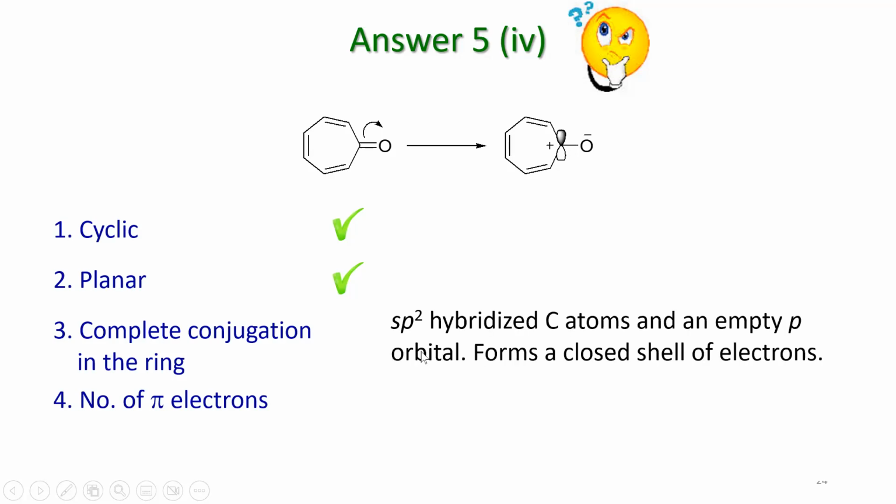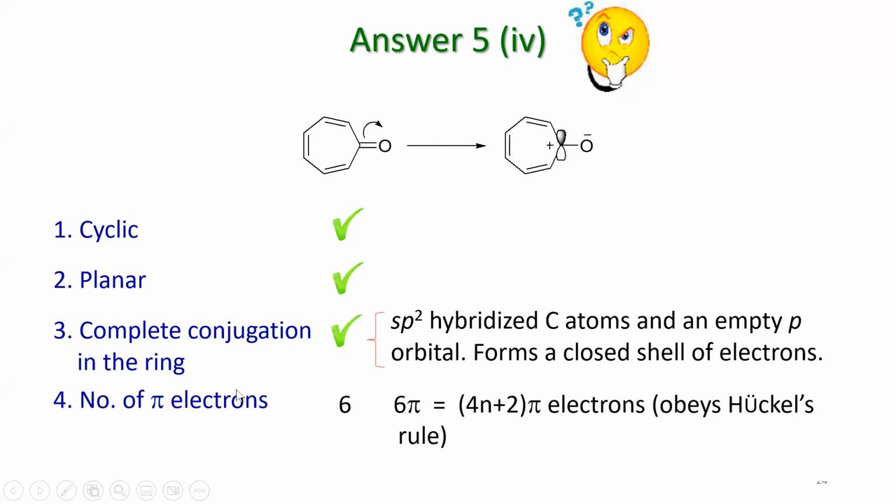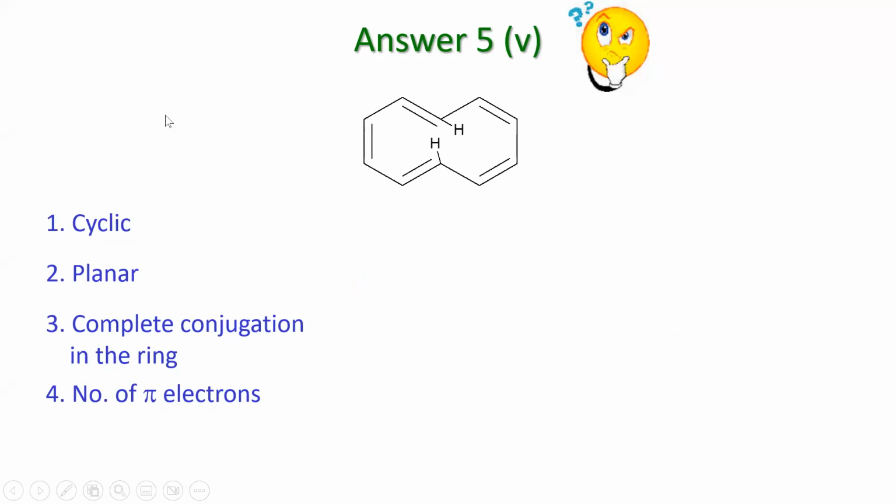So that is what is mentioned here: sp2 hybridized carbon atoms and an empty p orbital form a closed shell of electrons. Right? So complete conjugation is there. Count the number of pi electrons, 3 double bonds, so that is the Huckel number, again aromatic. Okay, all aromatic compounds. Okay, look at this one.